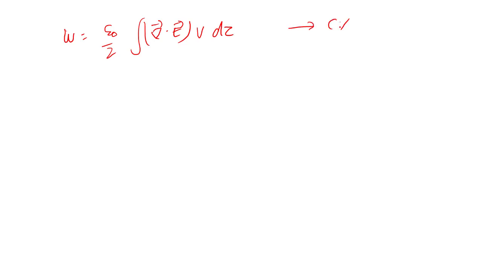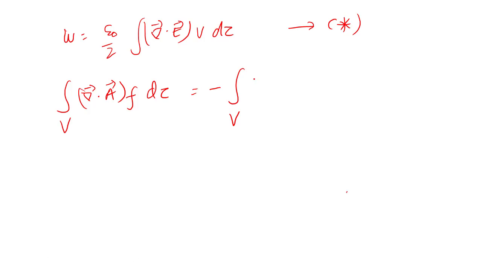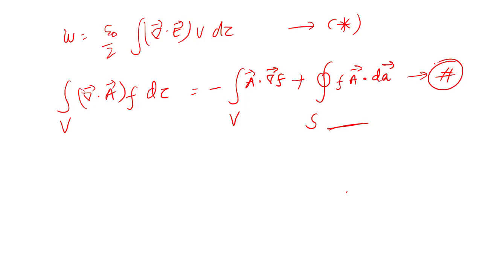This is the equation that we called star, and then we derived another equation, which is basically the volume integral of f times divergence of A d tau is equal to minus the volume integral of A dot gradient of f plus the surface integral of fA dot dA. This we got from the divergence theorem, and this is the equation we called hash.